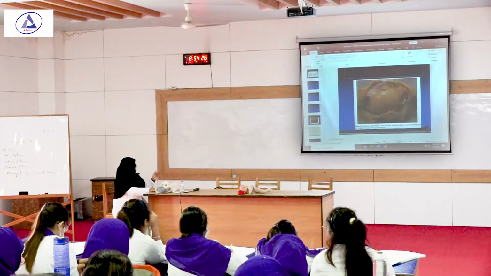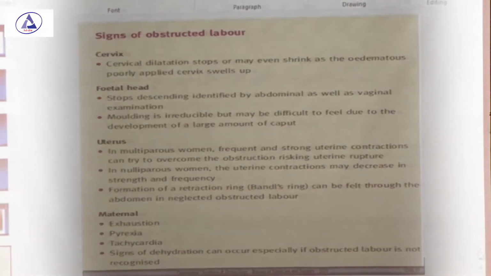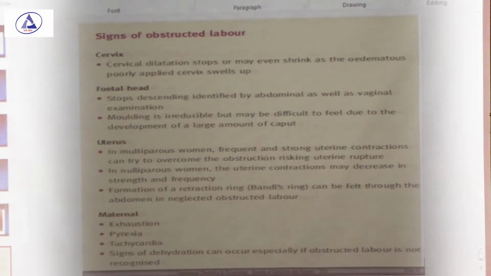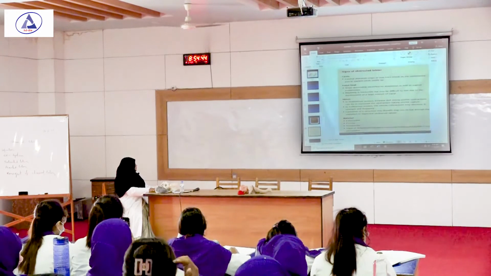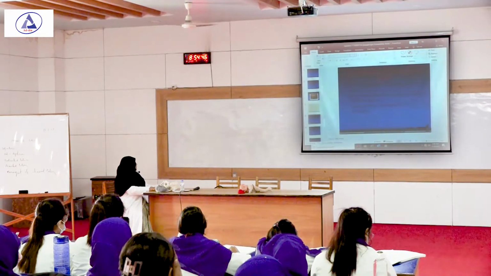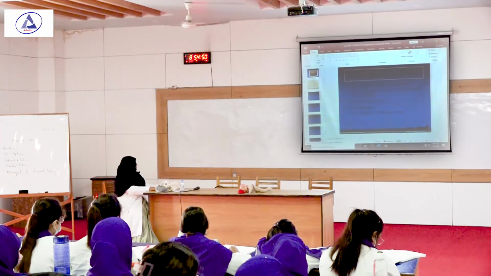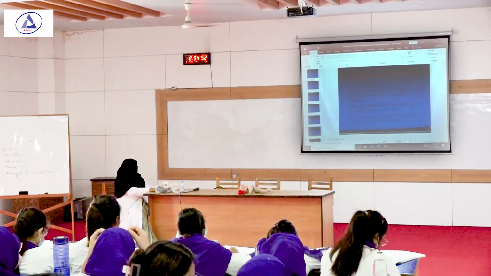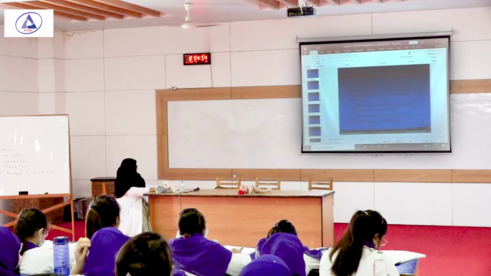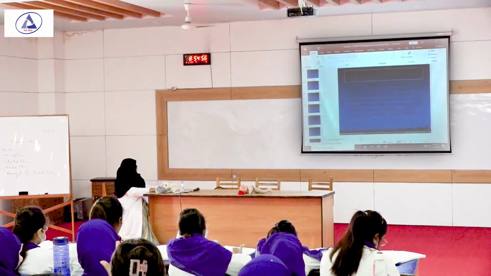In the next class, maybe obstructed labor, you need to know it. Yesterday we faced an obstructed labor, and we did an immediate cesarean section like this. So these are some other points, like oxytocin for augmentation, if everything is good.